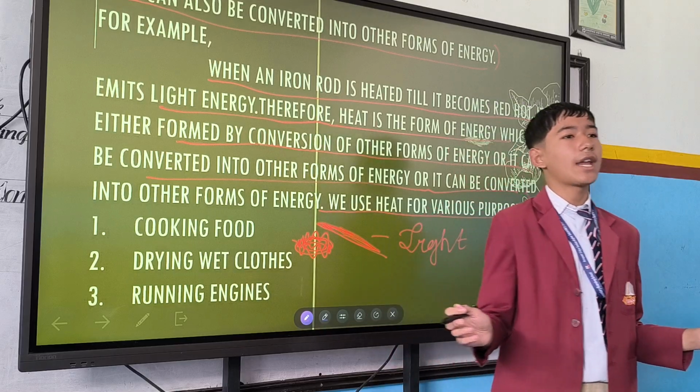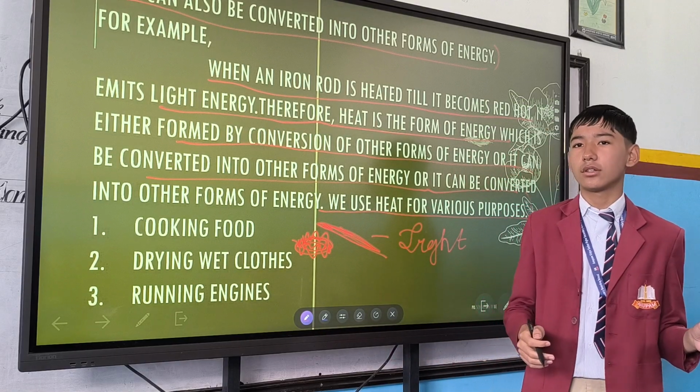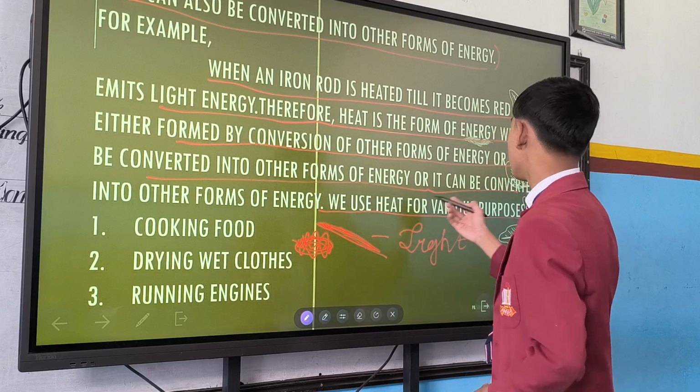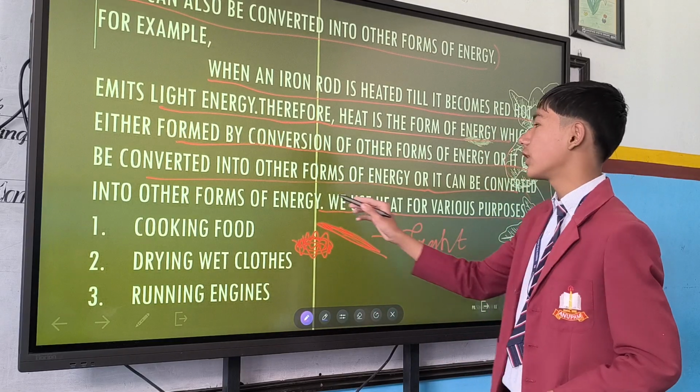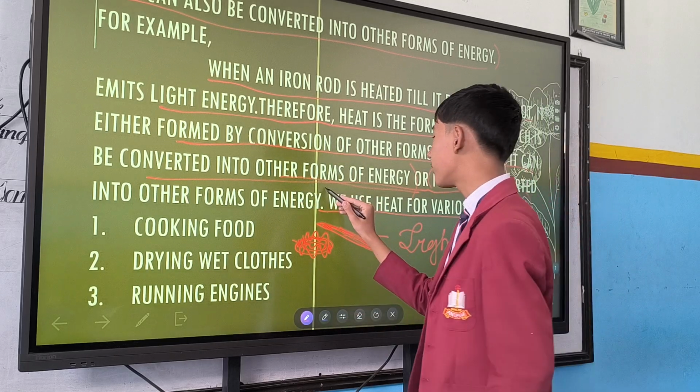So it also emits light. From this example, we can understand that heat also helps us in emitting light, and it can be converted into other forms of energy, as I said. I wrote it twice here.